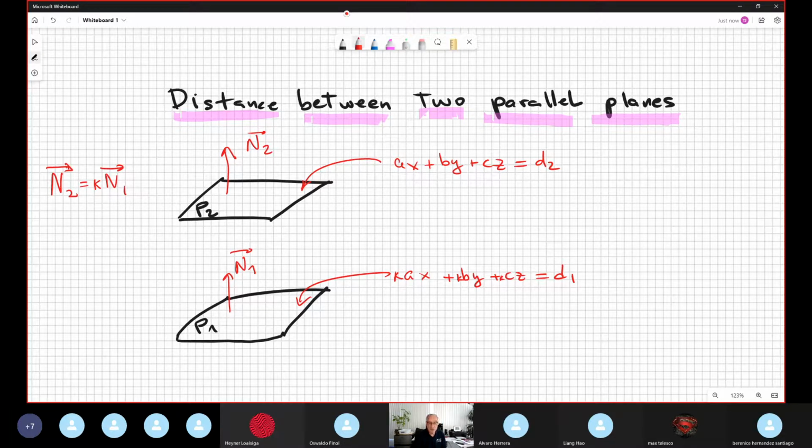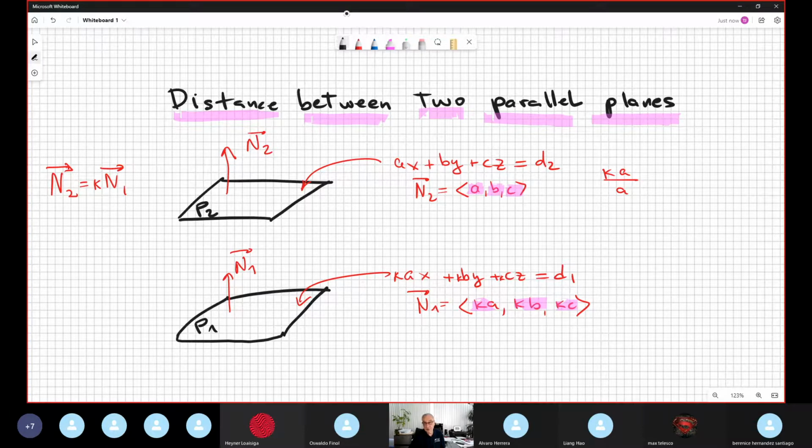So the normal vector in that case is a, b, c, and normal vector number 1 is ka, kb, kc. And the fantastic way to prove that they are parallel is you divide component by component. You divide, for example, ka divided by a, and this one divided by this one, and this one divided by this one.